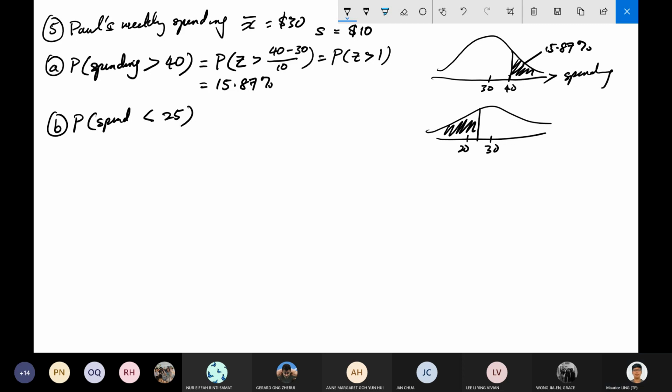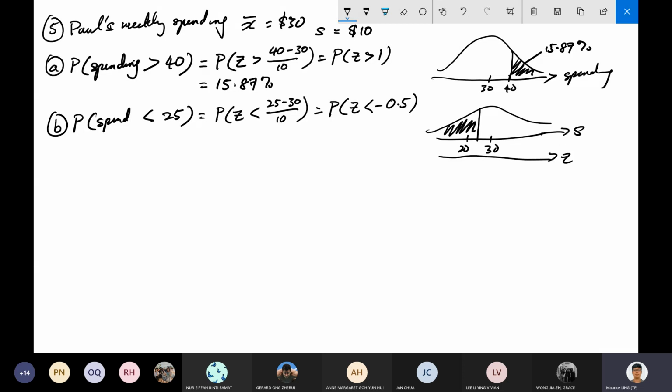Okay, so now convert it to your Z. Less than $25 is 25 minus 30 divided by 10. Then you find that this is less than minus 0.5.